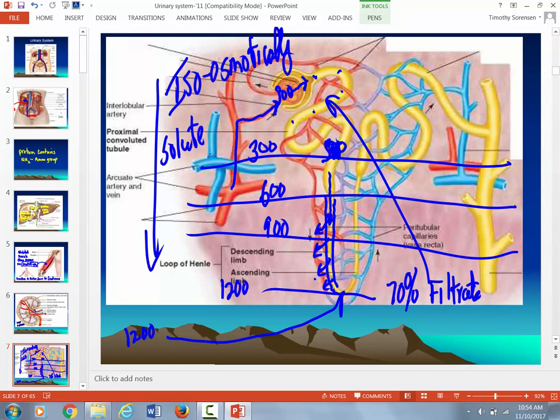Solute over solvent, stuff over water. Remember that? So if the solute stays the same and you decrease the water in the filtrate, what's going to happen to the osmolarity? The osmolarity is going to go up. Yes or no? Okay.